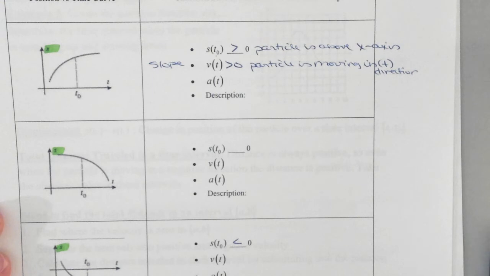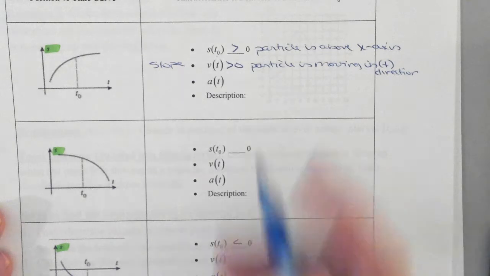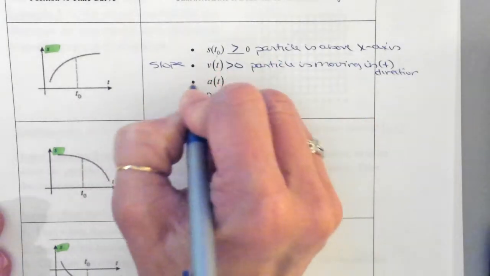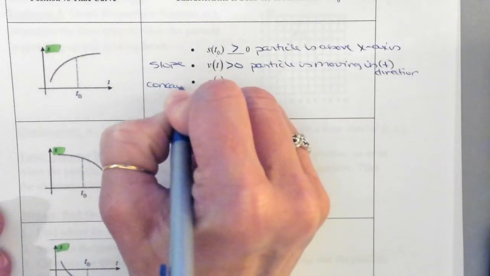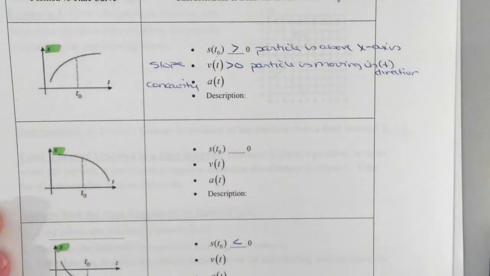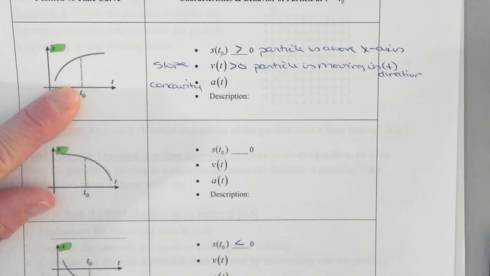If V of t is the first derivative, and that's the slope, what do we use the second derivative for in terms of graphing? What are we looking at? Concavity. So here, for A of t, we're looking at concavity. I'm not going to write this for every single one, just the first one so we know what we're looking at. At t sub 0, what is the concavity?